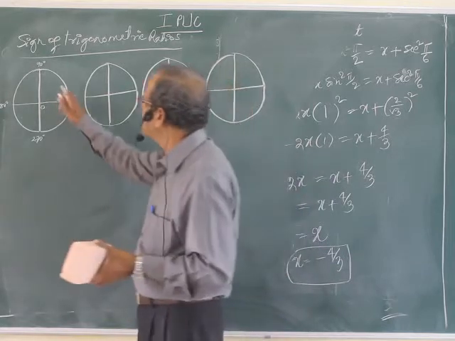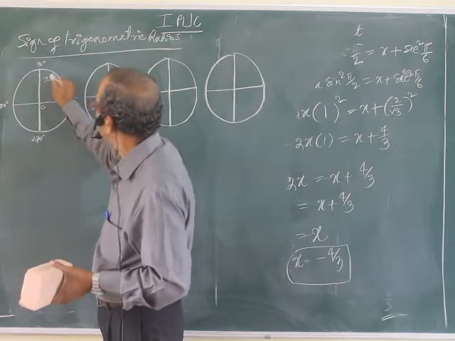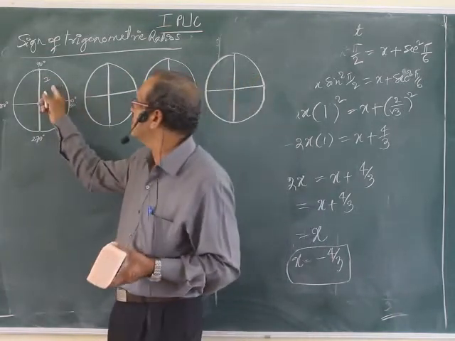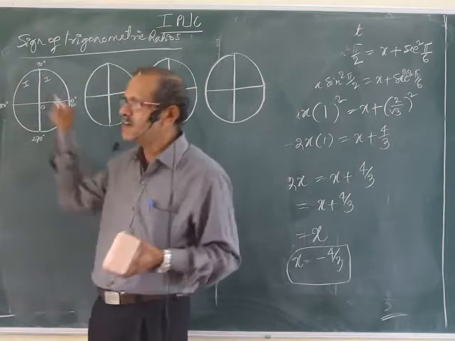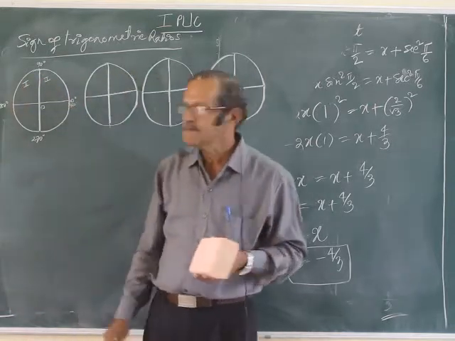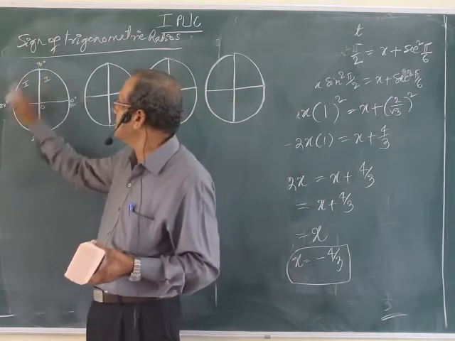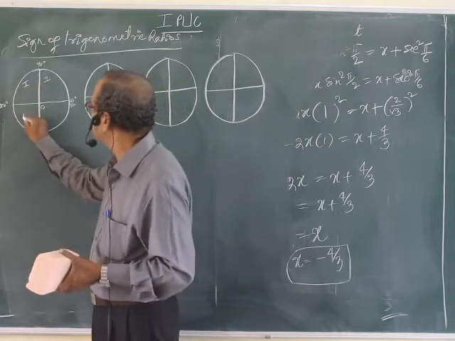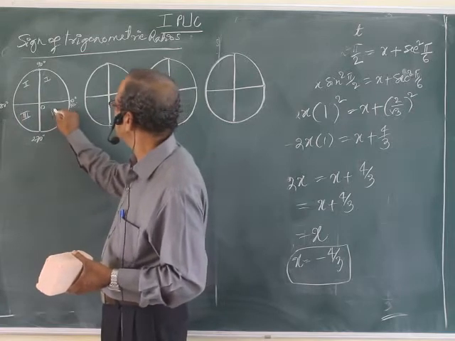Now, this particular part is called the first quadrant. You are dividing into 4 equal parts, no? First one is the first quadrant. This is second in the anti-clockwise direction. 0 to 90 degrees first quadrant, 90 to 180 second quadrant, 180 to 270 third quadrant, 270 to 360 fourth quadrant.